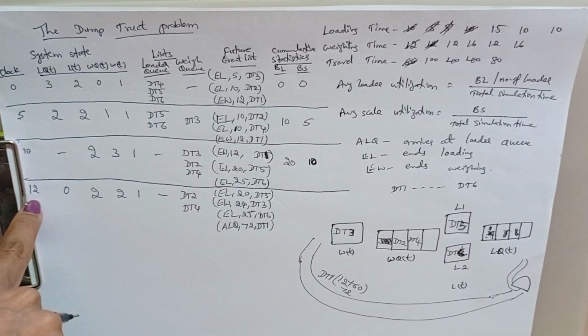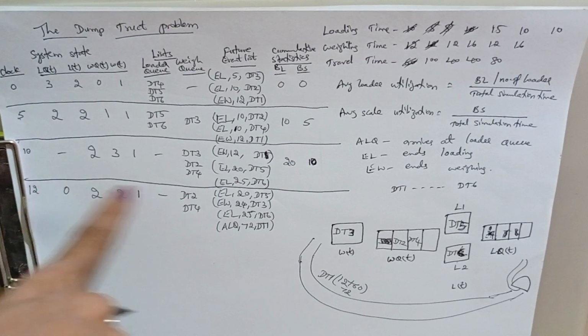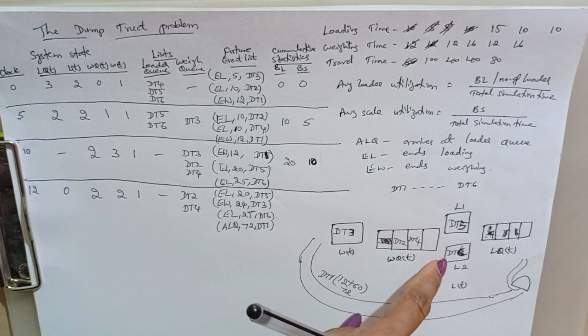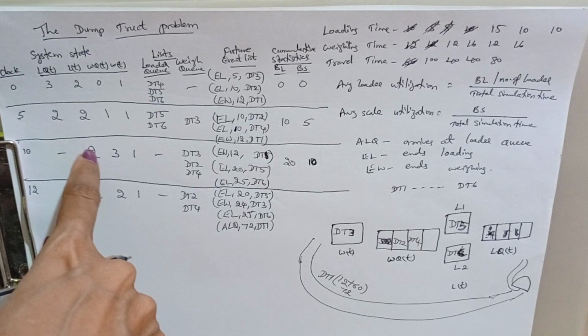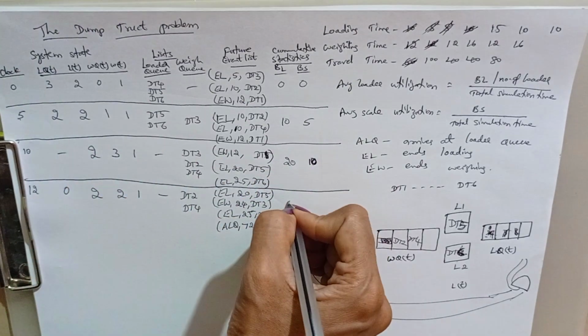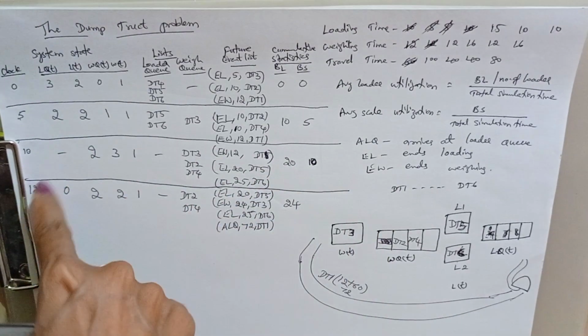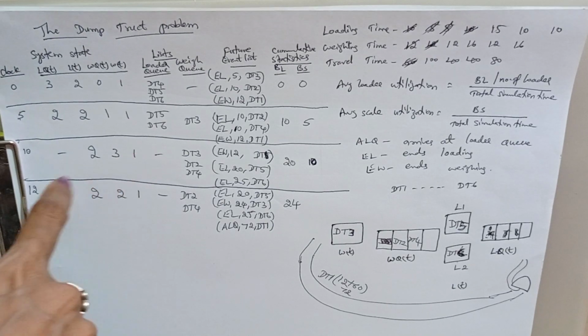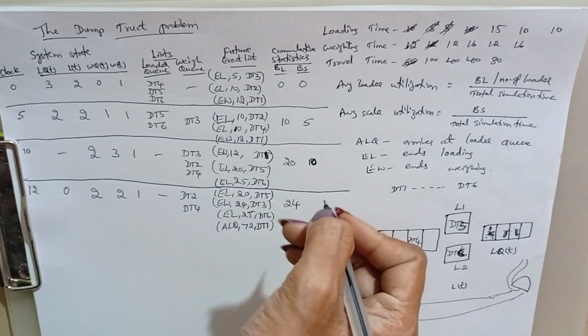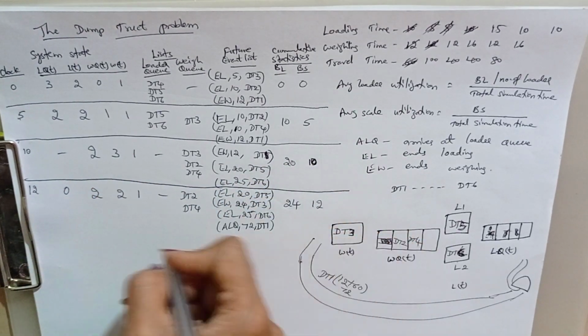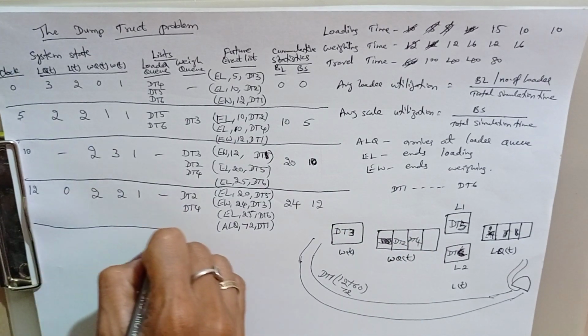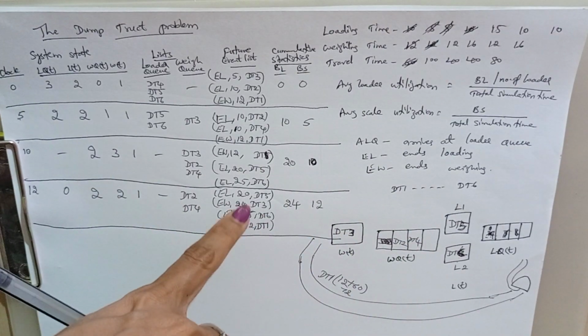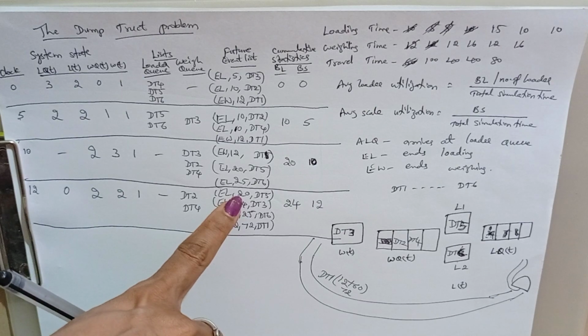Now the time is 2 minutes. Total 2 loaders were busy, so 2 into 2, 4 plus 20, 24. 2 into 1 scale busy, so 2 plus 10, 12 minutes. And next imminent event time is 20 minutes.